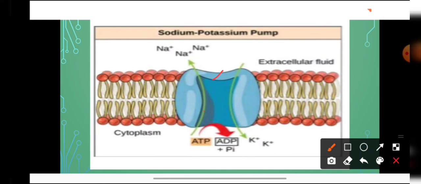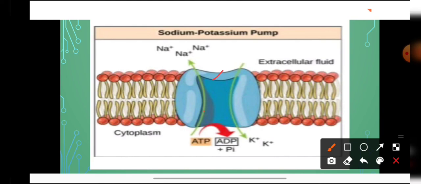So the sodium-potassium exchange pump is a type of active transport in which energy is needed in the form of ATP, and it involves carrier proteins, the sodium-potassium ATPase, which uses one molecule of ATP for pumping out 3 sodium ions outside and 2 potassium ions inside.